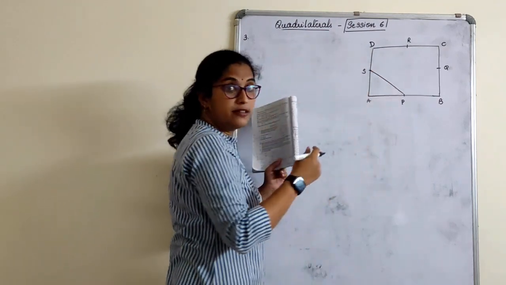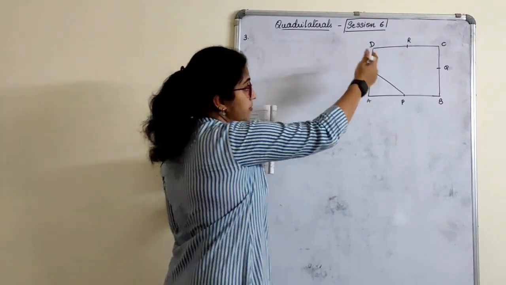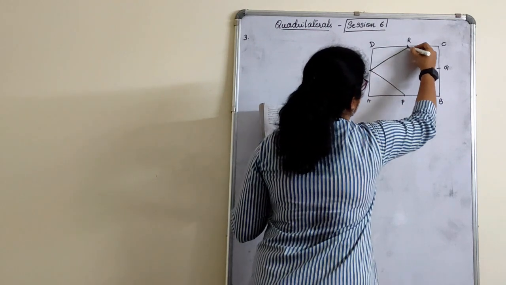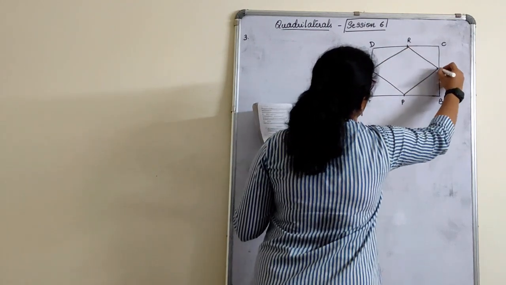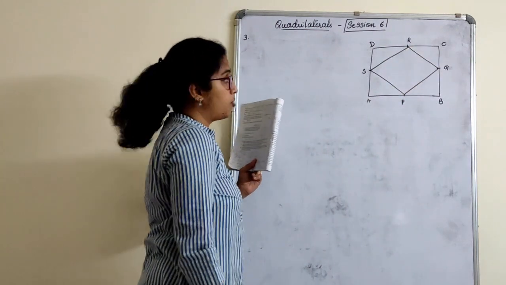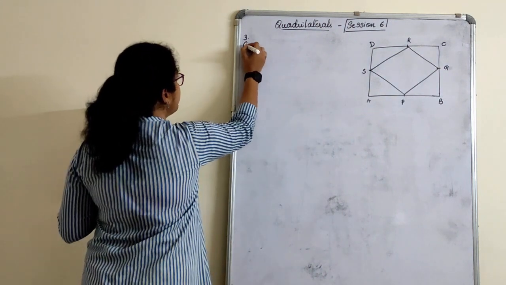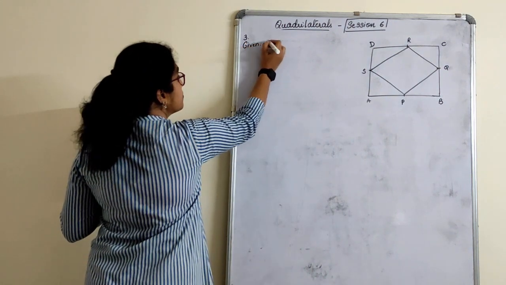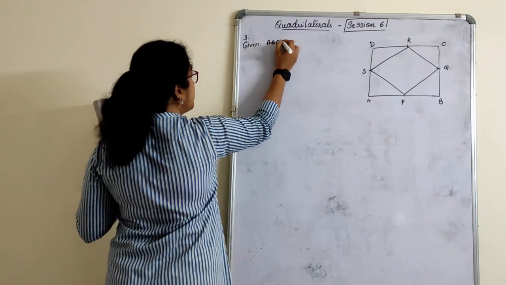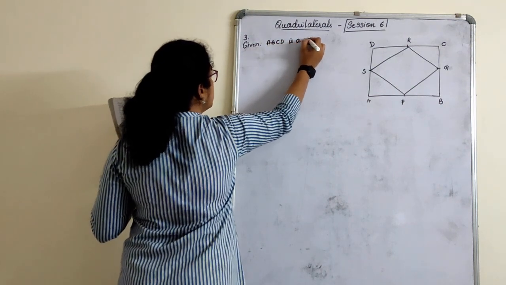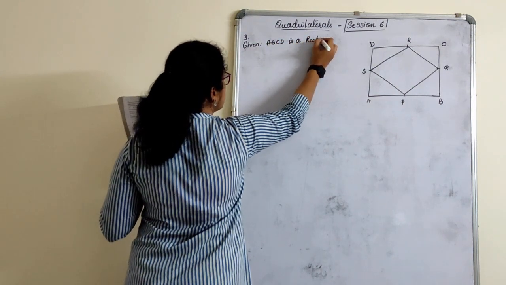Now that means here, the figure we form by joining the midpoints of a rectangle is a rhombus. Let us write. Given: ABCD is a rectangle.